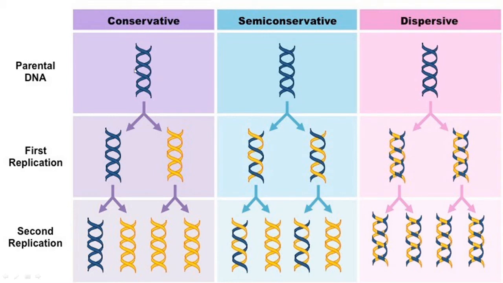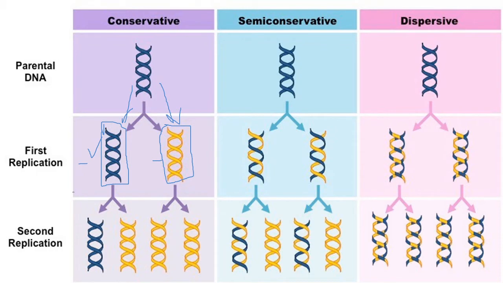The parental strand is blue and the daughter strand, the first replication product, is different, that is yellow. After that, let us consider the blue one as a parental strand, and this is another parental strand.